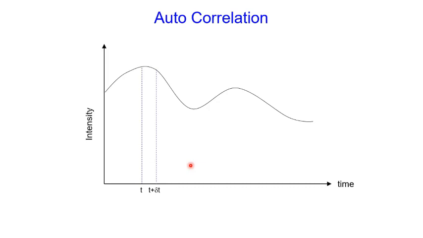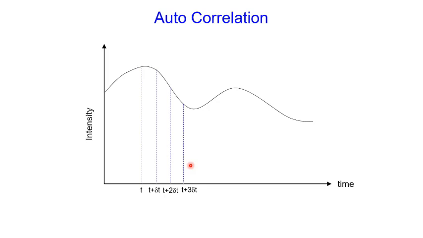And now if you increase this time interval, let's say to t plus 2 delta t, you can still see some correlation, but as the time interval has increased, the correlation has decreased. Okay. So if you keep on increasing this time interval, the correlation will keep on decreasing.